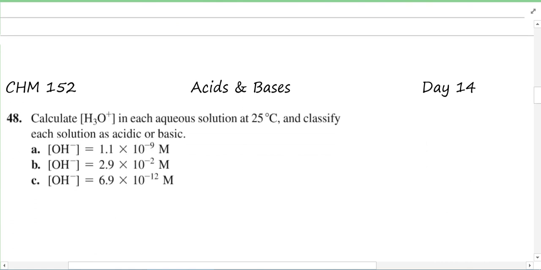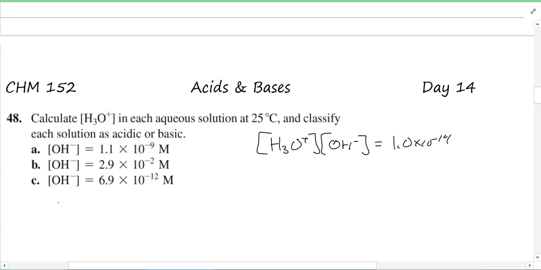48. So we have to calculate hydronium, and are we acidic or basic? If we remember, the concentration of hydronium multiplied by the concentration of hydroxide equals 1.0 times 10 to the negative 14th at 25 degrees Celsius. I have hydroxide, so I can calculate hydronium.